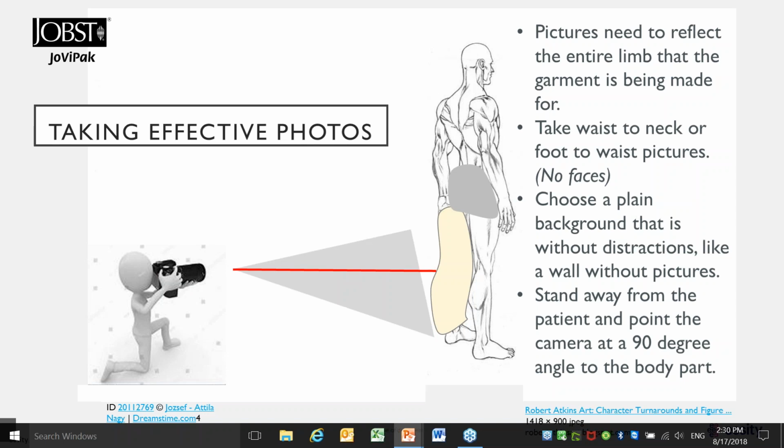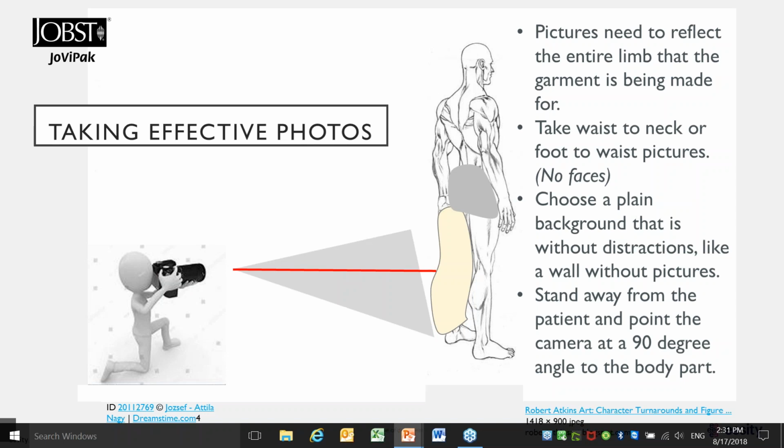Take these pictures from the waist to the neck without faces, or from the waist to the foot. Choose a plain background that is without distractions, like a wall without pictures. And stand away from the patient and point a camera. Your iPhones work perfectly, or any other phone that you might have in your possession.